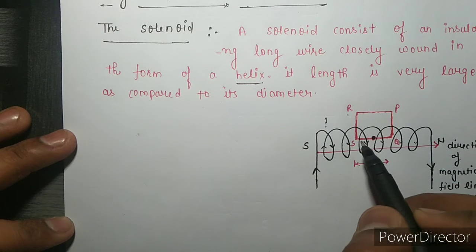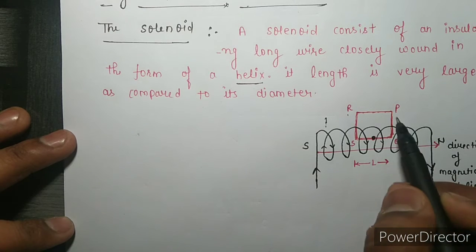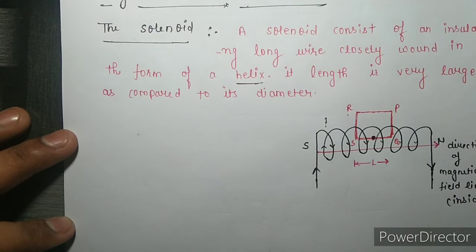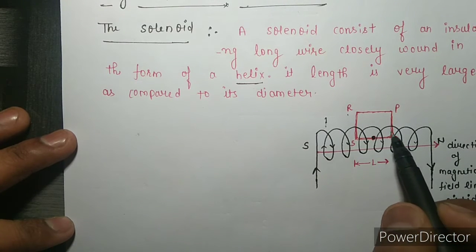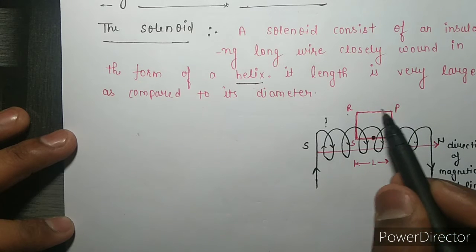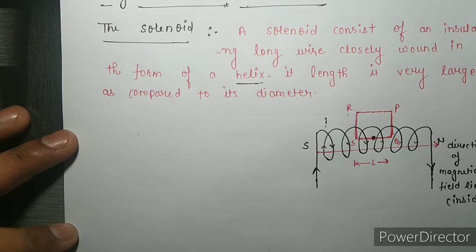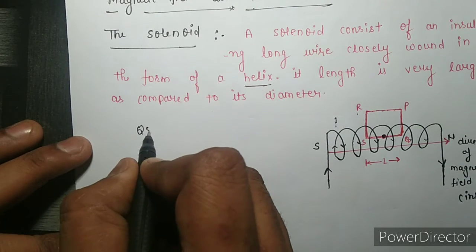Here the Ampere loop is PQRS, and the side QS has length L.